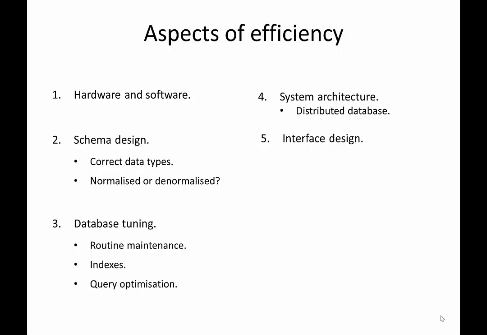So obviously what hardware and software you choose, which we talked about, makes a difference to how fast things are going to run. How your schema is designed is potentially going to affect the speed of your system. Correct data types: the more wasted bytes, the slower the system.